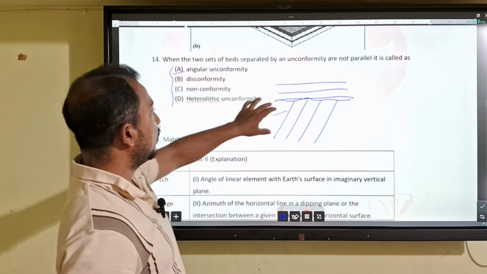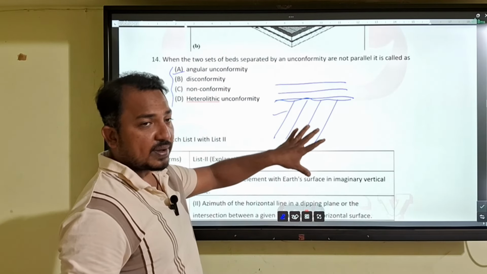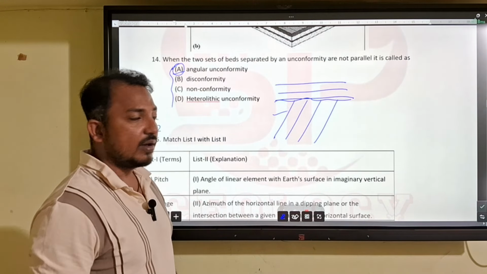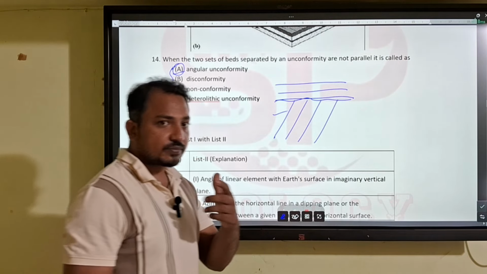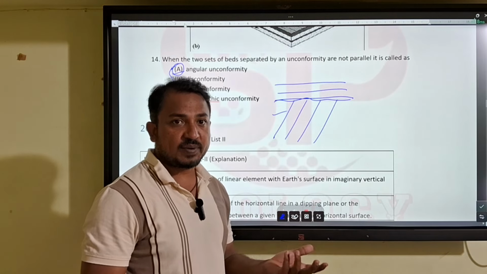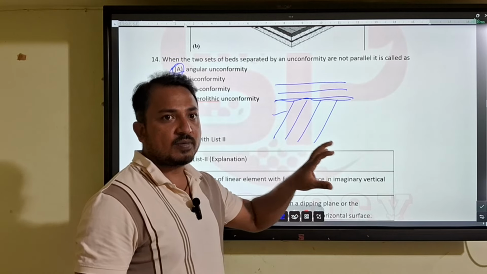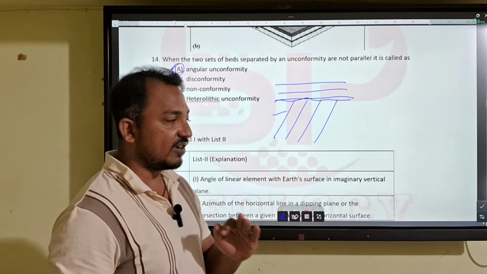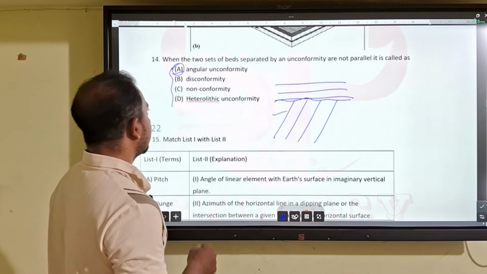Where two beds are separated but not parallel, it indicates an angular unconformity. So the answer will be angular unconformity, where horizontal beds are deposited over inclined or folded beds. Angular unconformity always indicates a phase of tectonic or deformation activity.